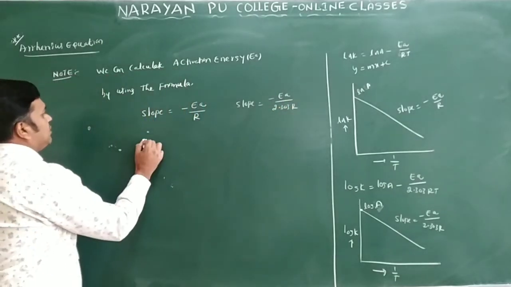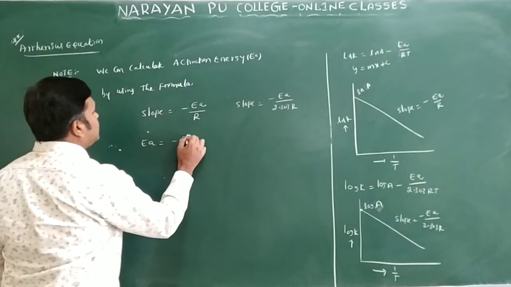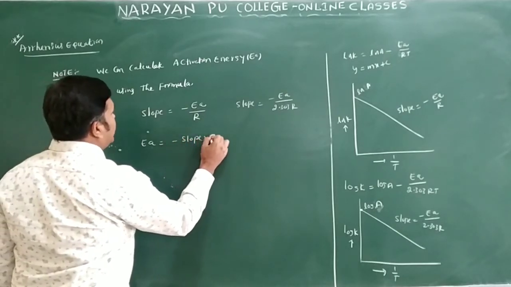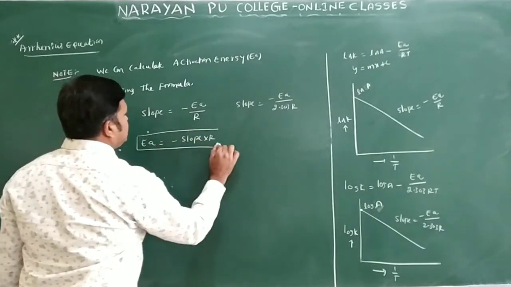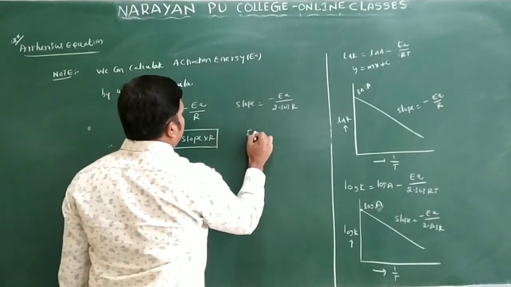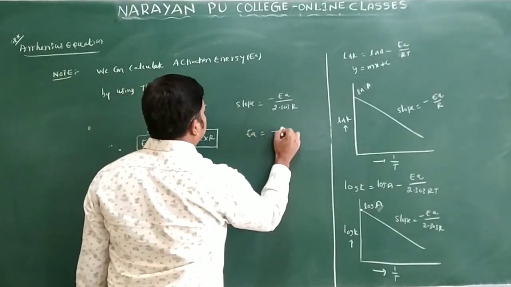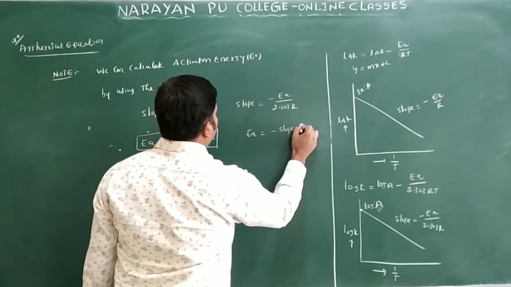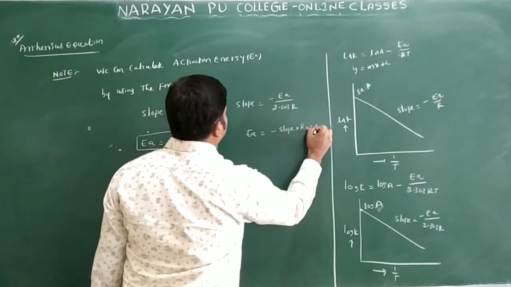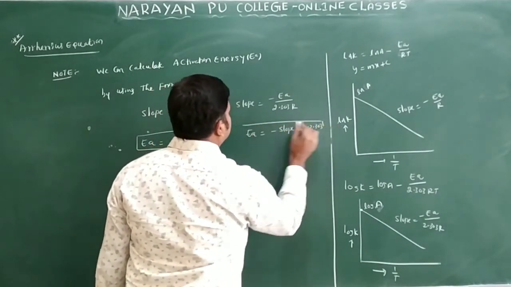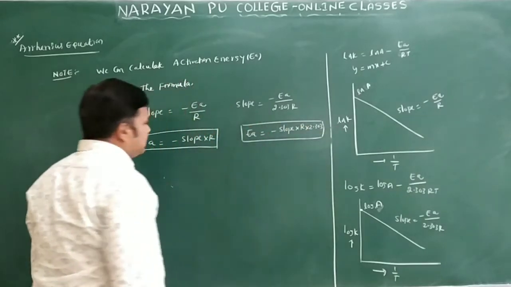Now what is the activation energy you will get here? Activation energy EA is equal to minus slope into R. And here, activation energy EA is equal to minus slope into R into 2.303. So how to know?